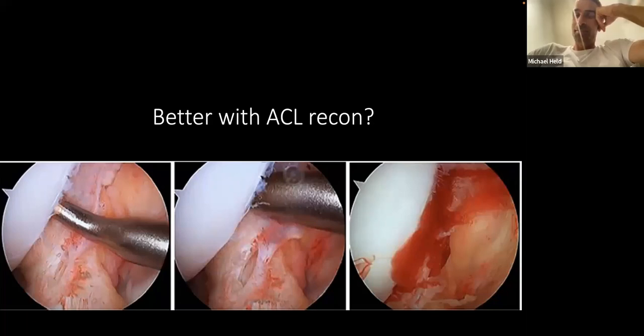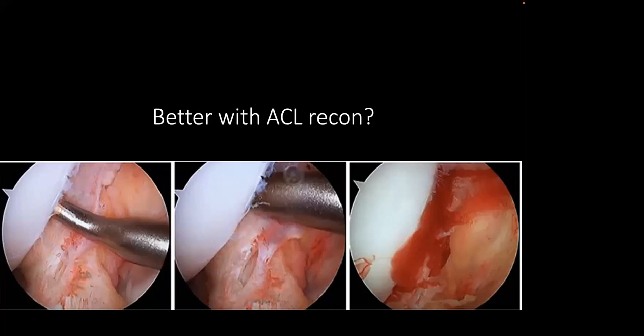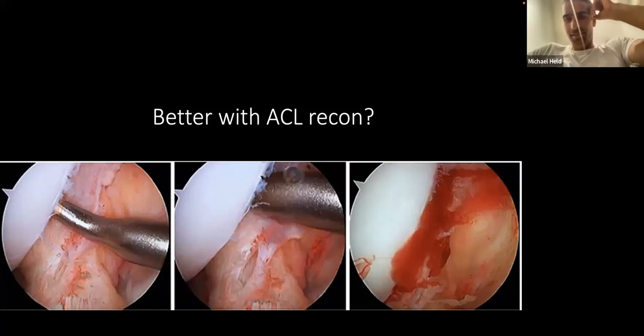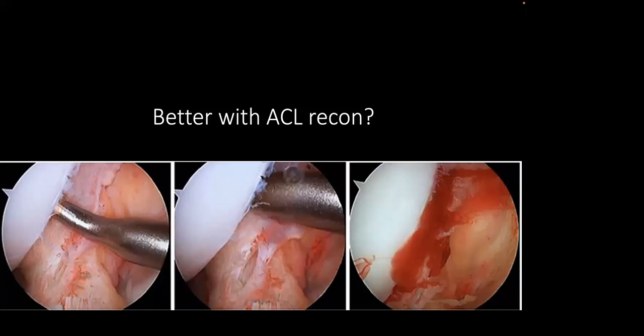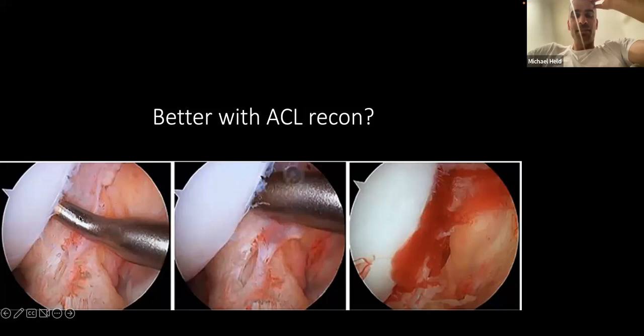So this is your case. Is this better with an ACL recon or not? So, presented with this arthroscopic view is what appears like the intercondylar notch, and you see the condyle and the ACL ligament itself. And then what is this guy doing here? It seems like he's about to plan for an ACL recon. But this is too small for an ACL drill.